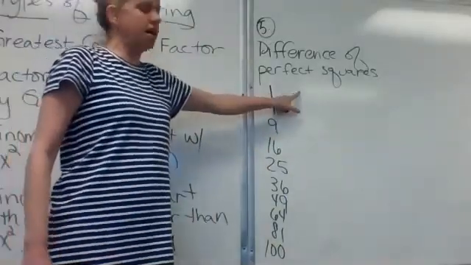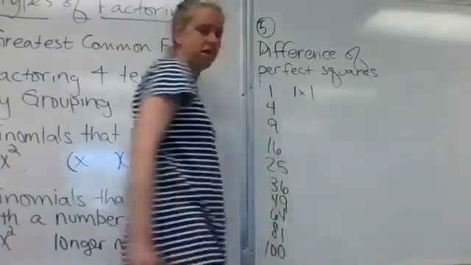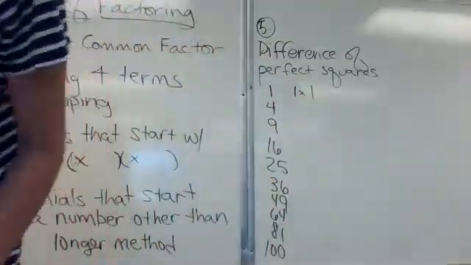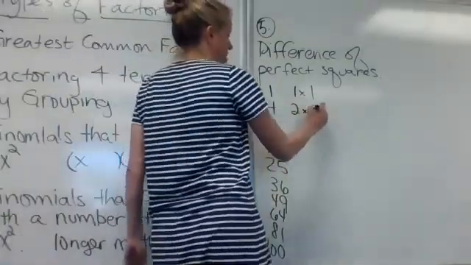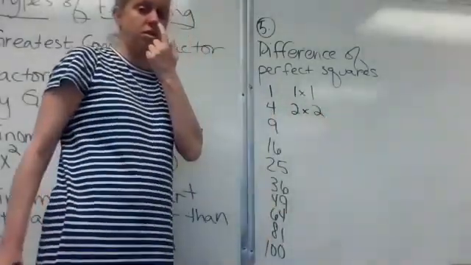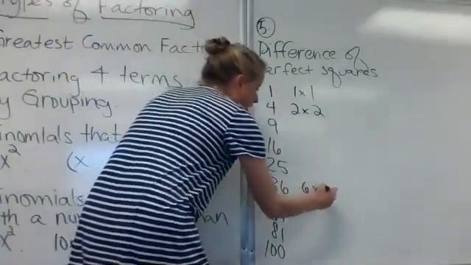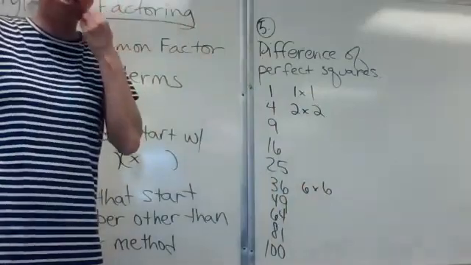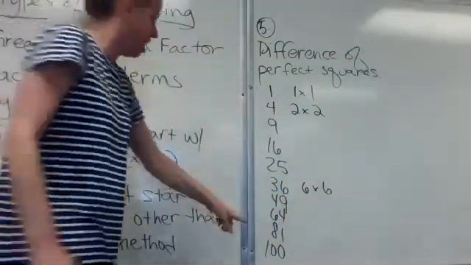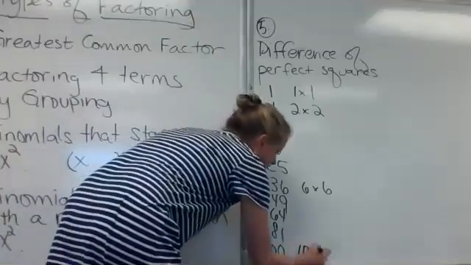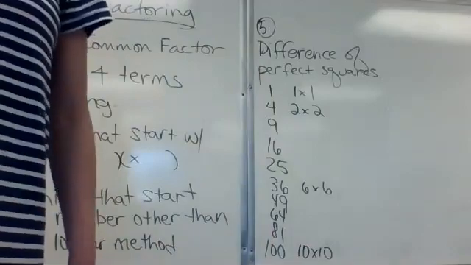You can get 1 by multiplying the same number together, 1 times 1. You can get 4 by multiplying the same number together, 2 times 2. Same thing for all of these numbers. I can get 36 by multiplying the same number together, 6 times 6. Every single one of these falls into that category. I can do 100, 10 times 10. That's why they are called perfect squares.